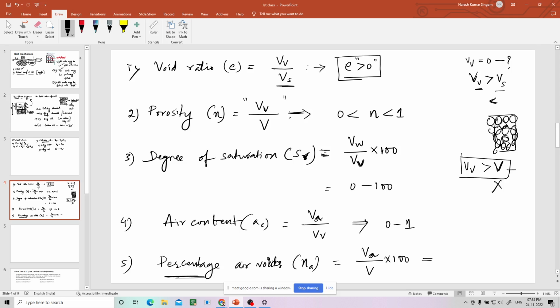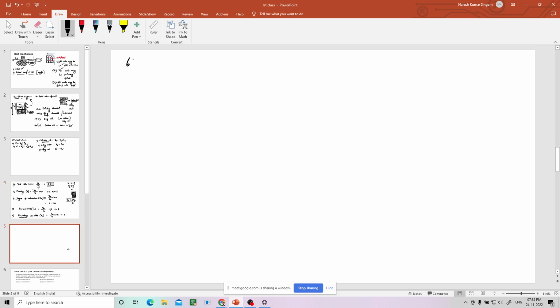Then can you tell me in between which values it falls? It is undefined. I'll tell you why, later. Then water content.